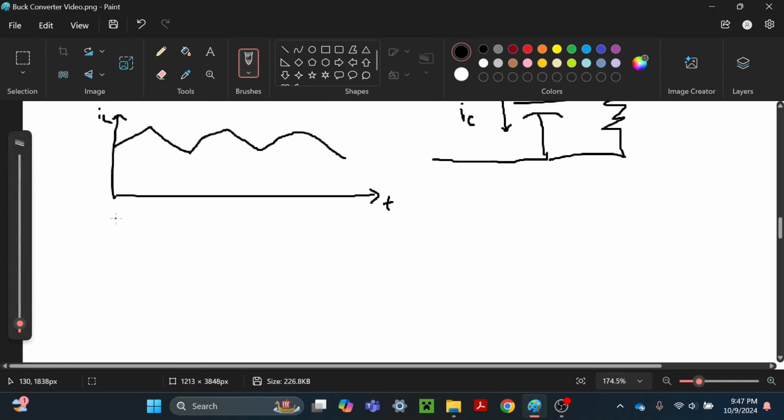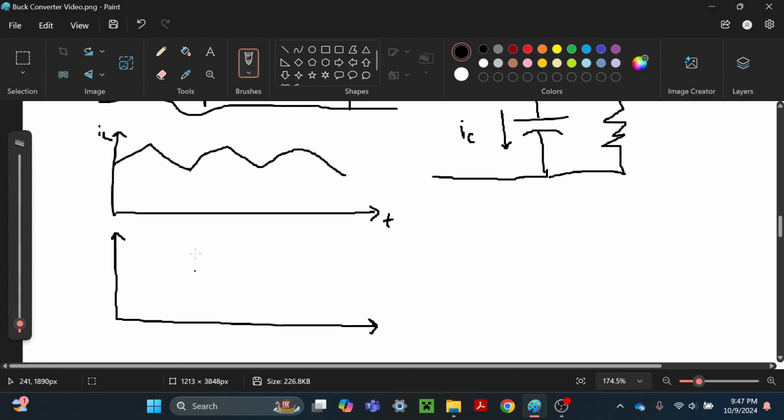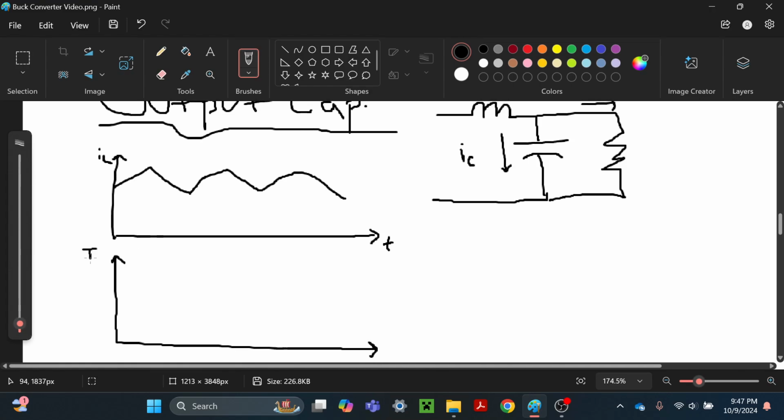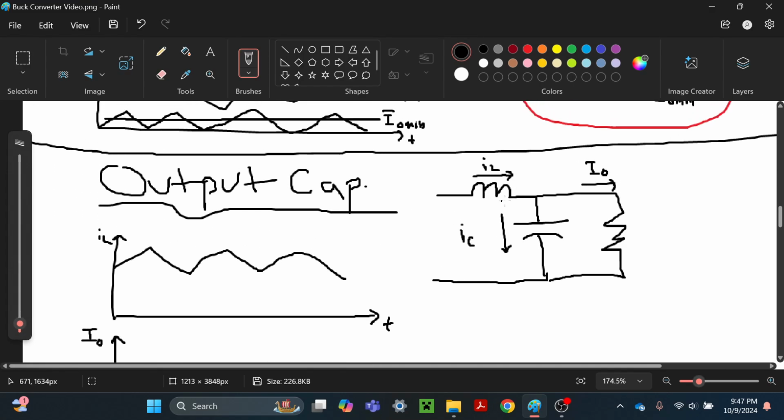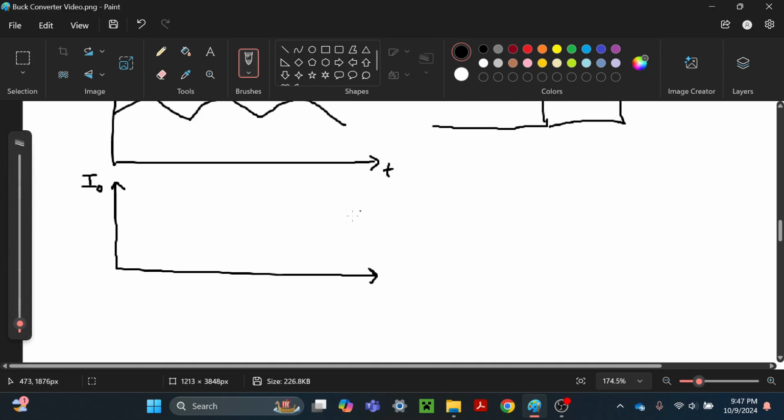So then I out, the DC current is going to get blocked from going through the capacitor and go to the load.